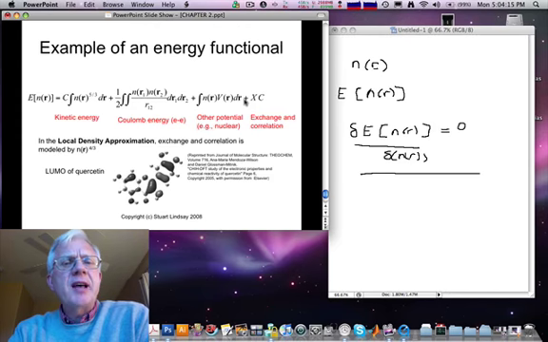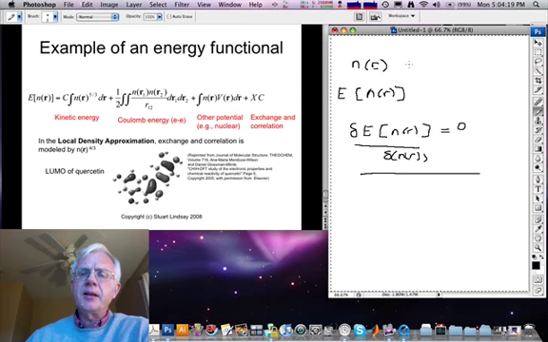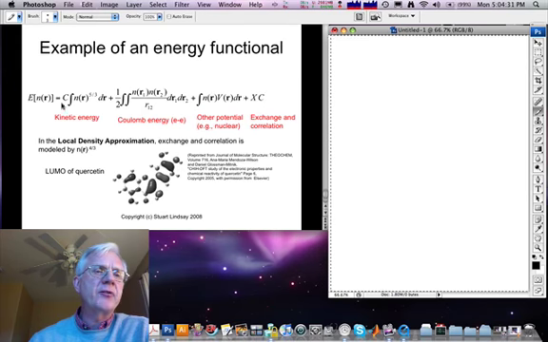However, here is an example of a rather old functional. It's not one that's in use today, but I chose it because the terms are sort of easy to understand. So let's go through them one by one. Let's begin with this first term here.